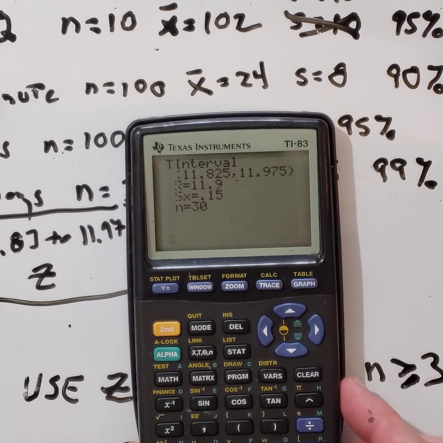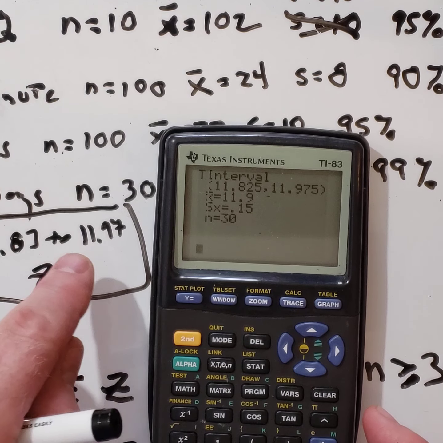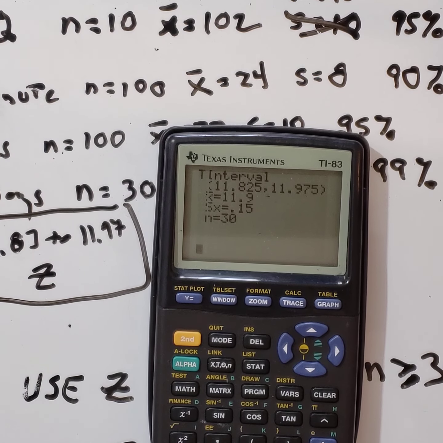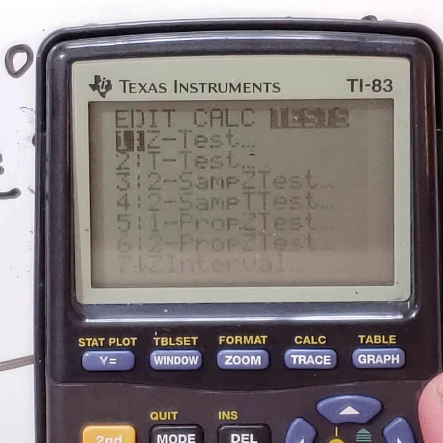Now, check out what we get here. We get 11.825 instead of 11.83, and 11.975 instead of 11.97. Very little difference because we have at least 30 in our sample. Now I want to go through and change that. What if I change that sample size to 10? Let's run the numbers for z. Go to z-interval.